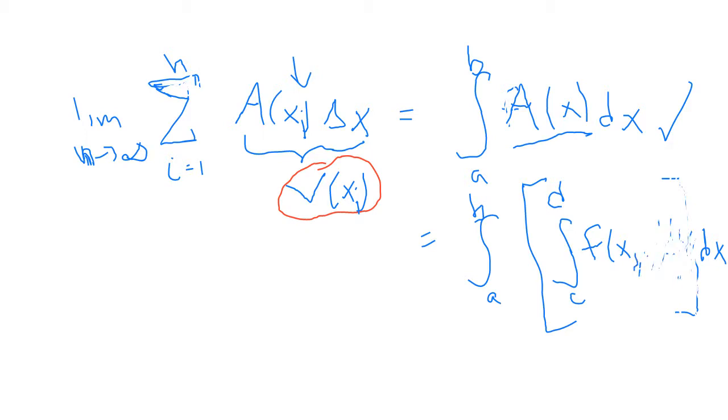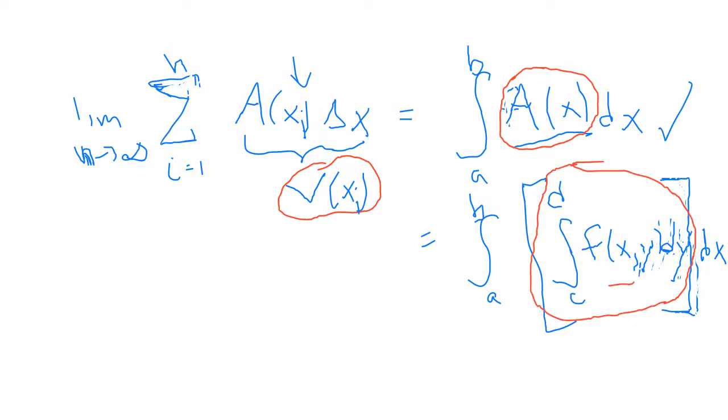Okay, so f(x,y) dy. What I'm saying is that this area, which is a function of x, is equal to this integral, the integral of f(x,y), that's the surface, integrated with respect to y, where the limits go from c to d.